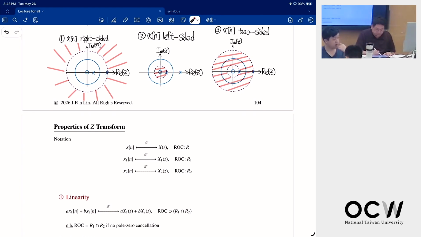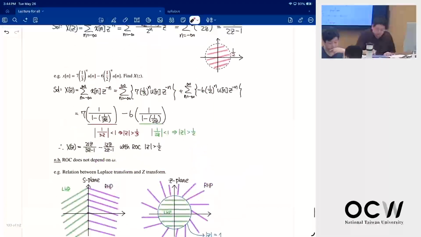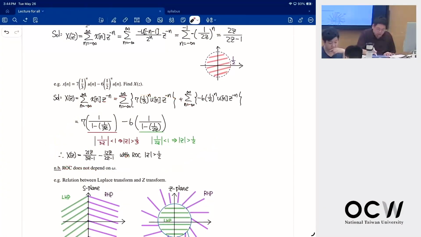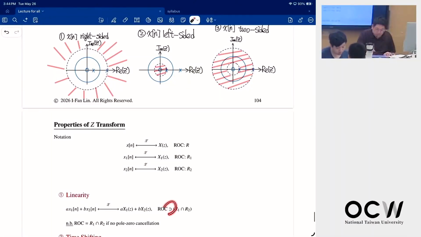We do the linear combination in the time domain, then in the Z domain it is also the linear combination. The region of convergence should be the intersection of the two regions, but it could be greater than that. If we have pole-zero cancellation, then the region of convergence may be greater than the intersection of these two regions of convergence.